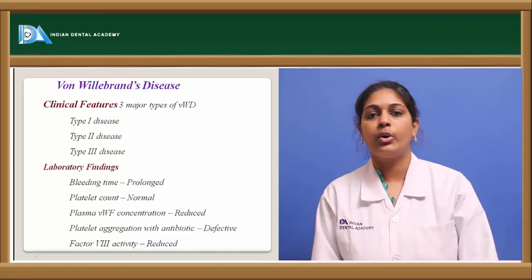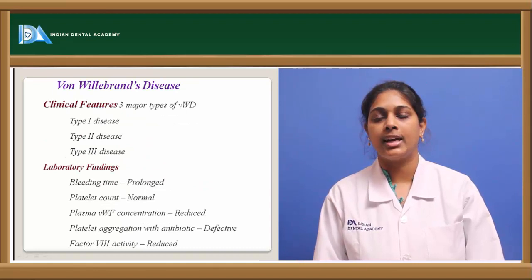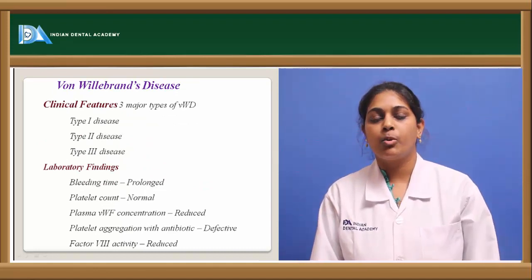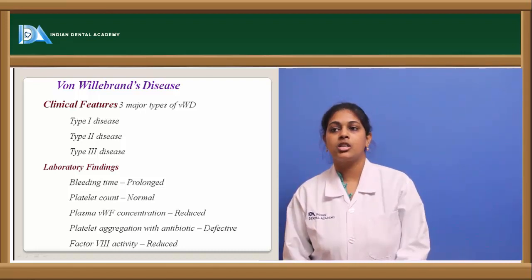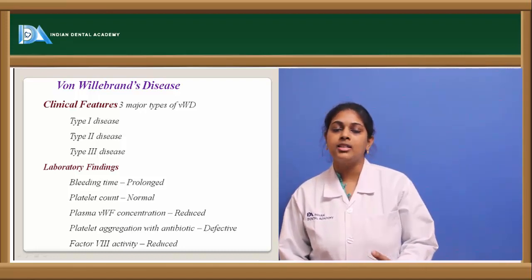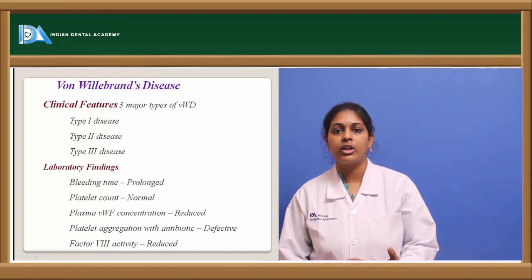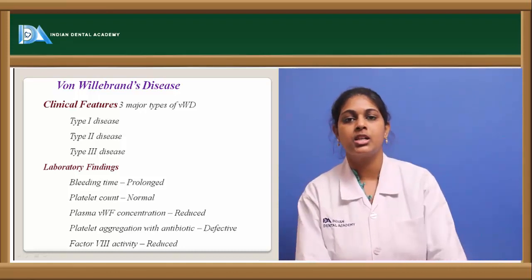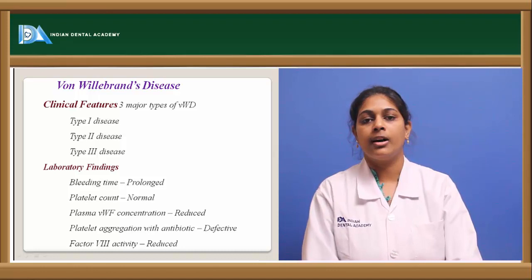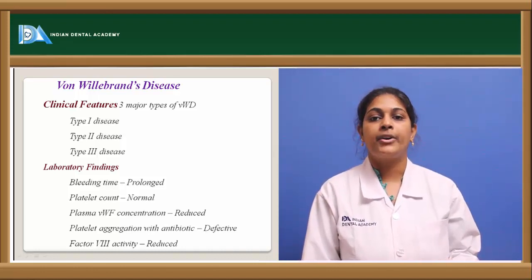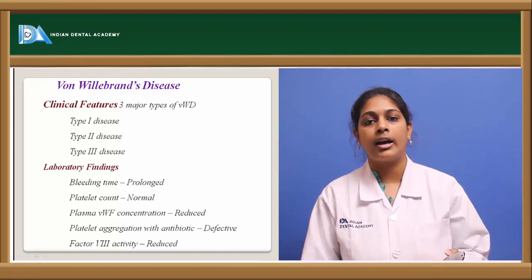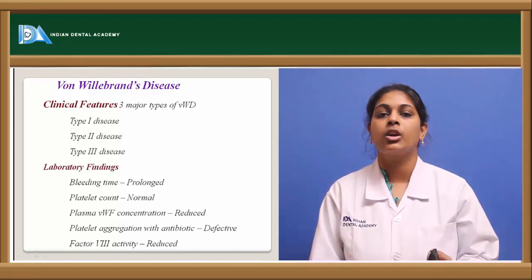The types of von Willebrand's disease are usually 3. Type 1 is when the von Willebrand factor within the plasma, or the circulating blood, is only up to 50% of normal. This results in type 1 disease. In type 2 disease, the levels of von Willebrand factor are normal, but there is a derangement in its functional activity in coagulation.